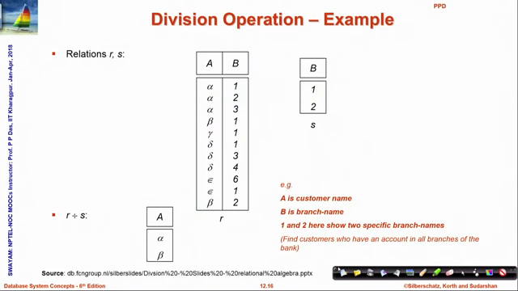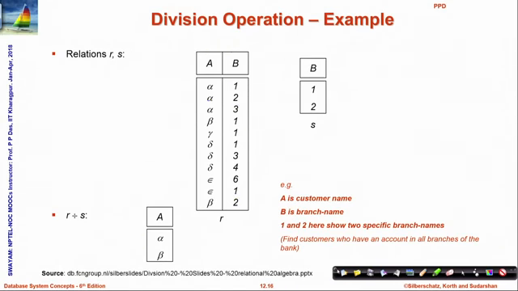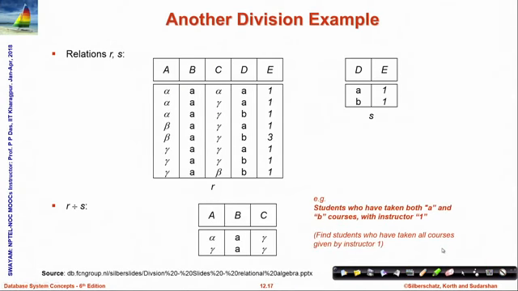So, to say it again, the whole of the relation S must occur over the x attributes of R. Consider these two together. If that happens, then the tuples on y would be chosen, and that is how we get the result having alpha and beta. Let us look at one more example.